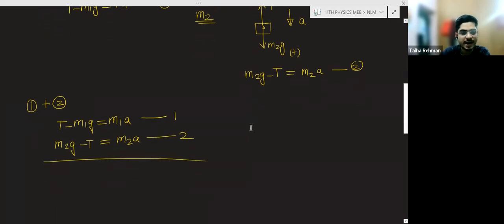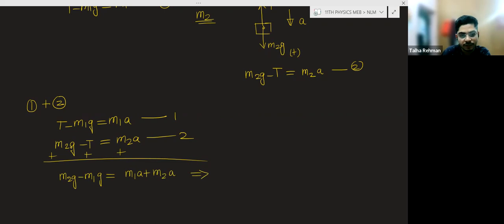So we will add both the equations. When you add, this T and this minus T will cancel out. So here you can write m2g minus m1g is equal to m1a plus m2a.